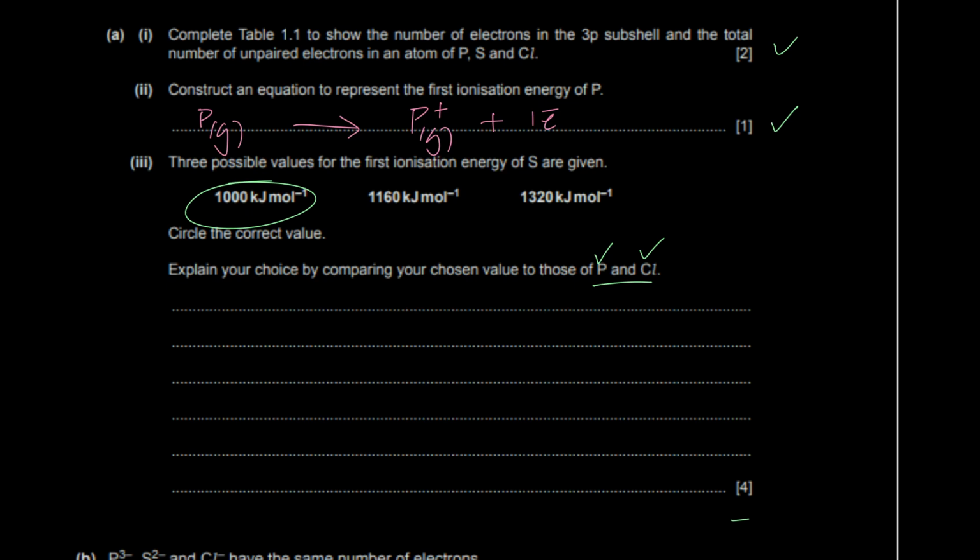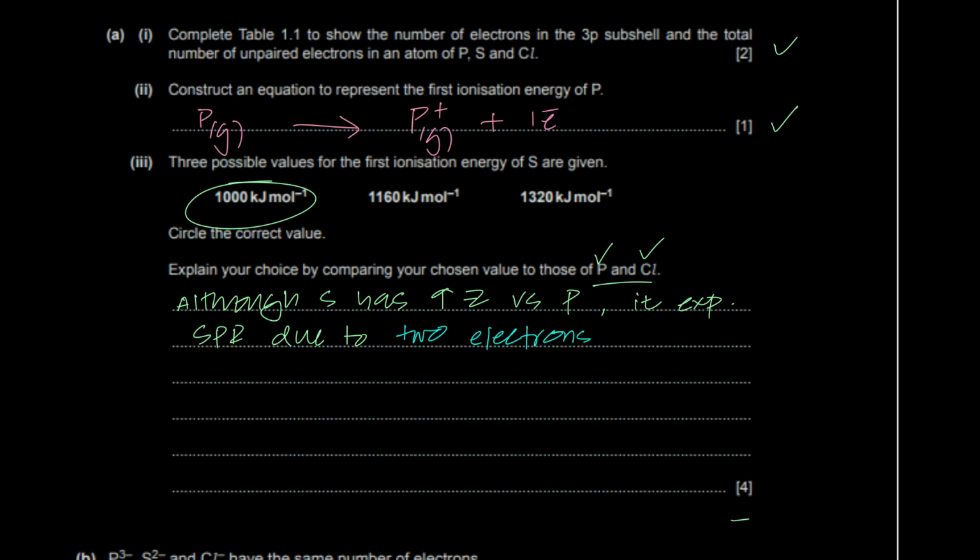I'll tell the examiner that, although sulfur has a higher nuclear charge versus P, it experiences spin pair repulsion due to a pair of electrons in one of its 3p orbitals, due to which it has lower ionization energy versus phosphorus.